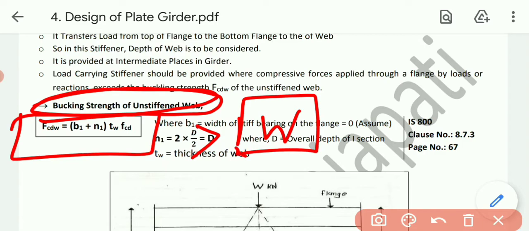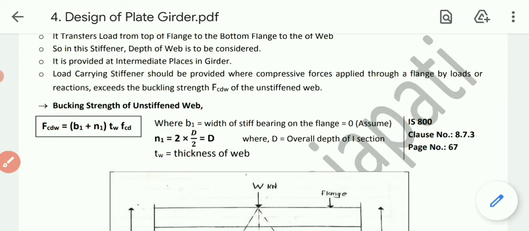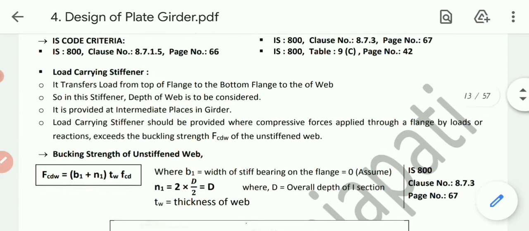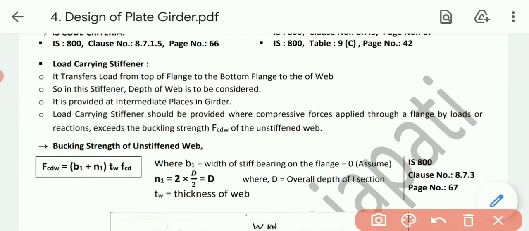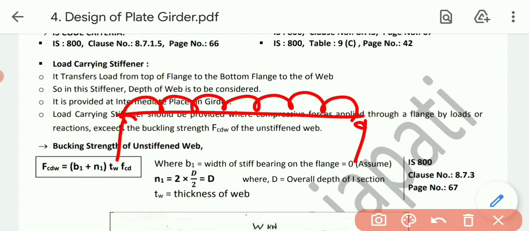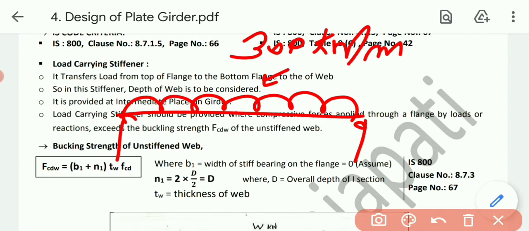In our case, a point load is not given to us. In our example, only a UDL is given, that is 300 kilonewton per meter.